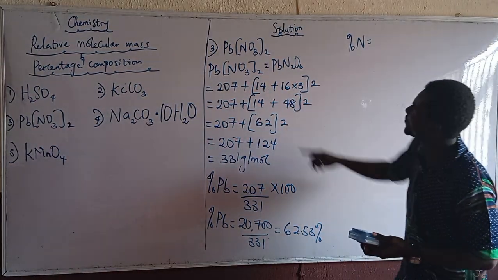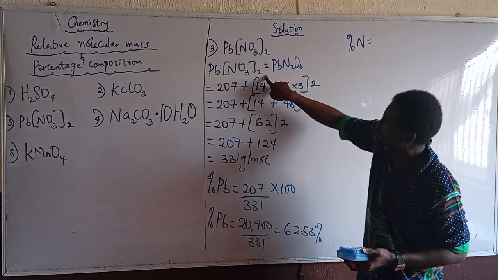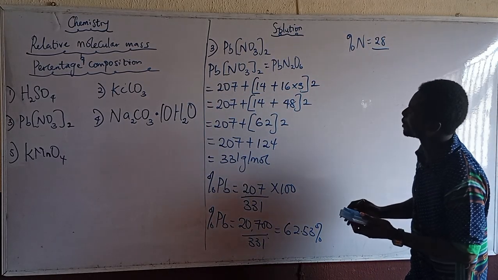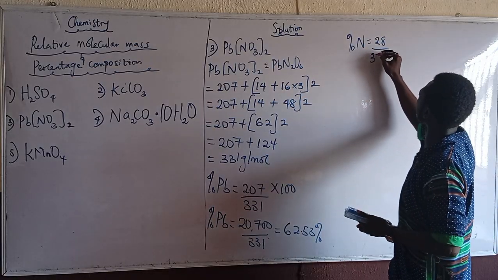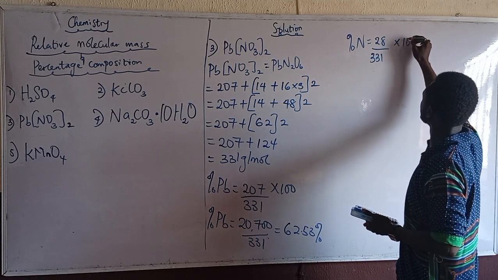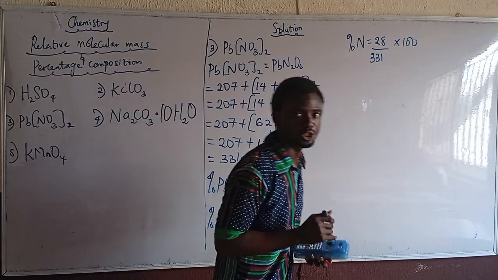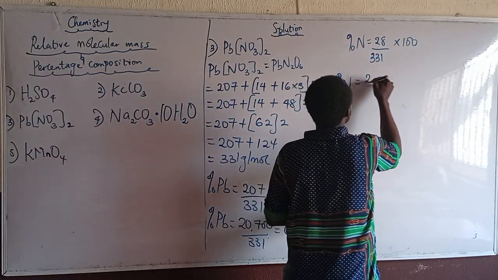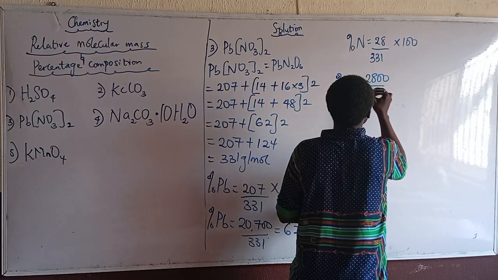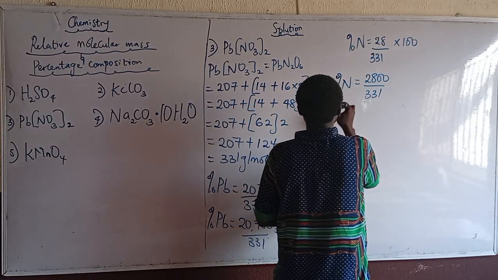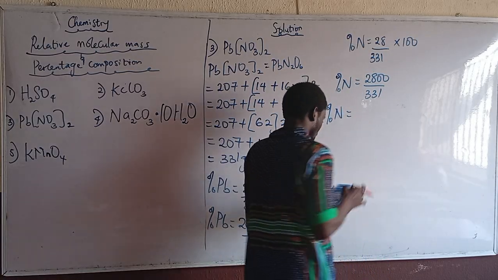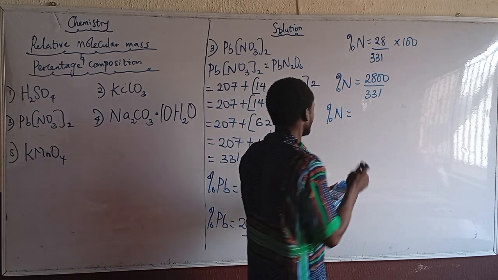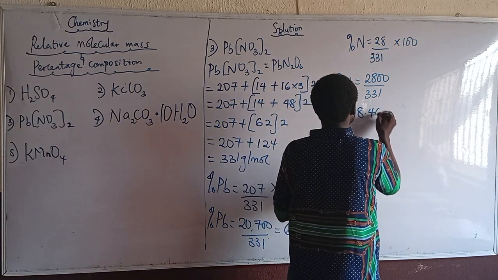So nitrogen is 14 multiplied by 2, that is 28, divided by the total 331 times 100. So the percentage of nitrogen becomes 2,800 divided by 331, which becomes 8.46%.